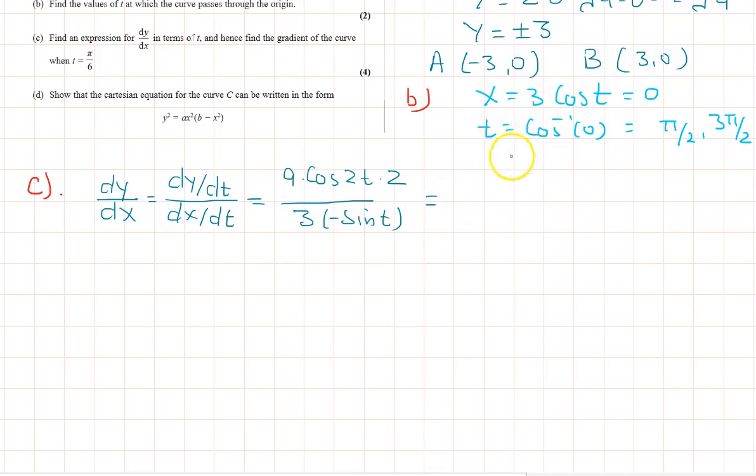So that is 18 cos 2t over minus 3 sin t. So that is minus 6 cos 2t over sin t.